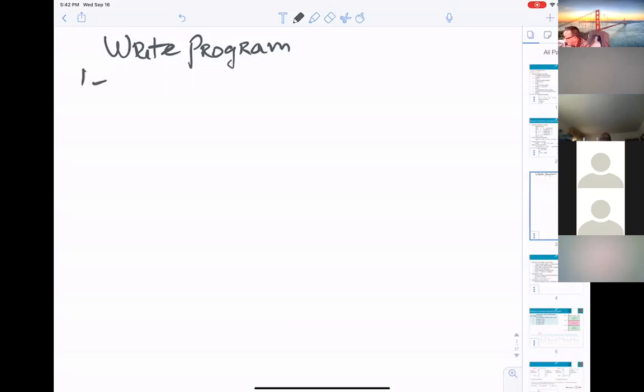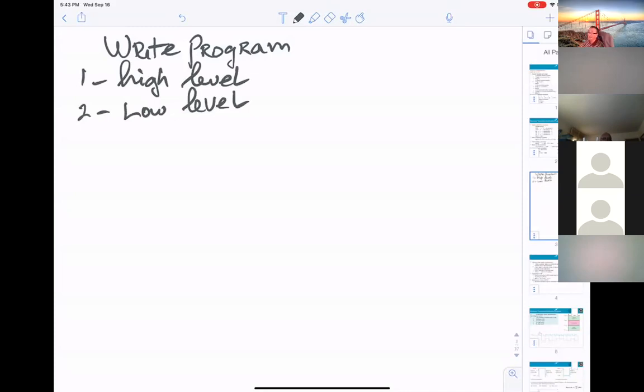One will be high level language. Number two will be low level. Two different types: high level languages and low level.